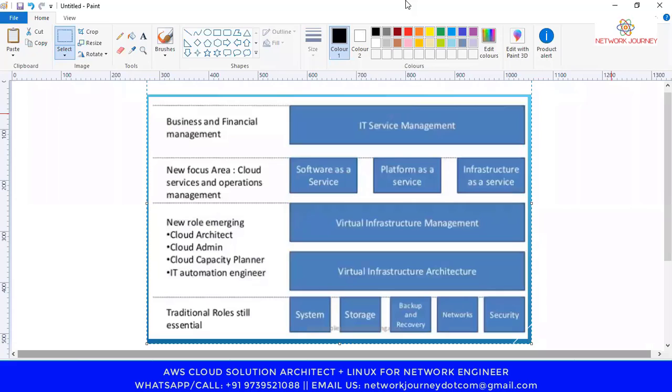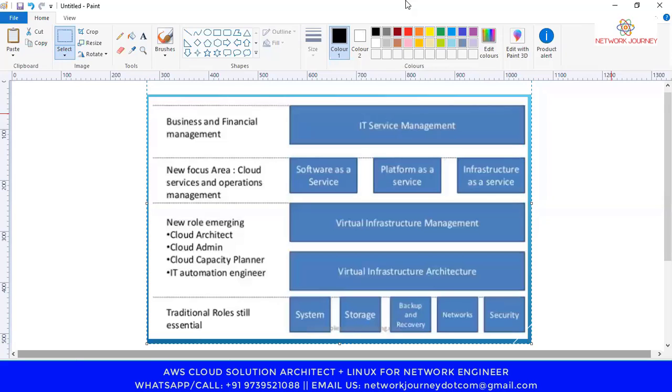So what we are doing is IT services management. We are only accessing the services because we are not going to maintain our own physical, on-premises environment. Whatever we request, they will bill as per that request and provide as a service, right?